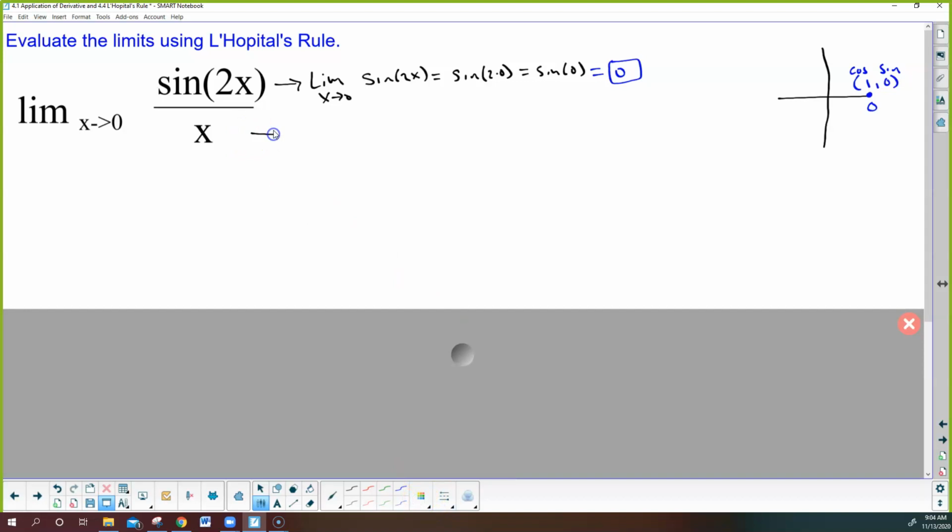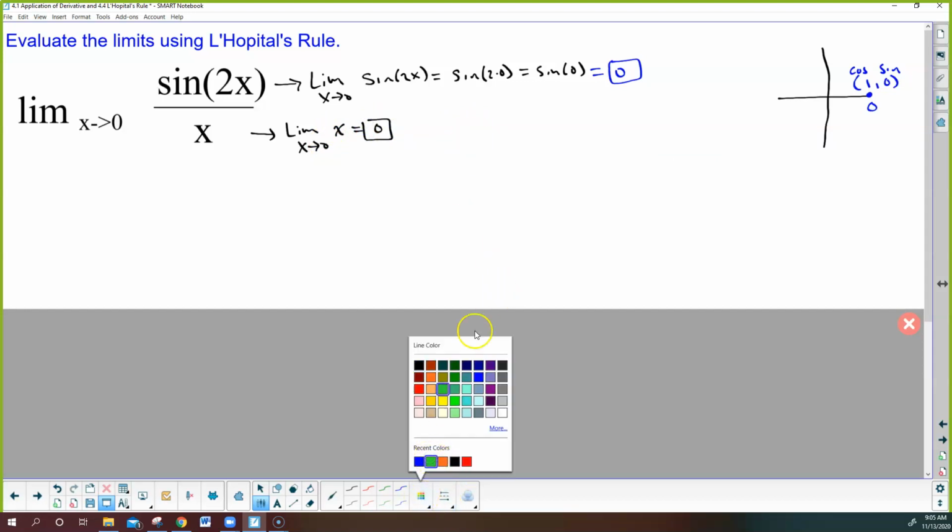And then this is, I know you know the answer to the bottom right away, but you have to show this work. You have to write the limit as x goes to 0 of the bottom. And if I just plug in 0, I get the bottom.